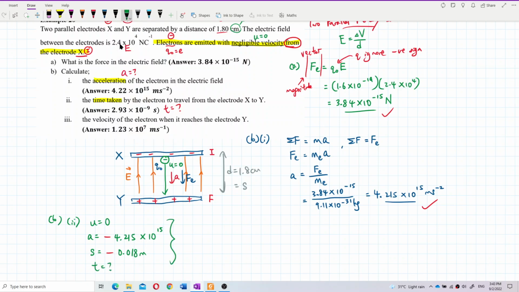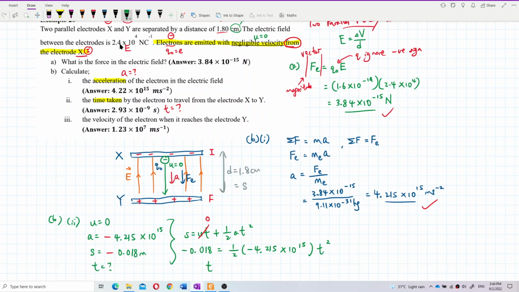I use the kinematic formula, S equal to ut plus half at square. The direction is downward, so negative. U is 0, the initial velocity is 0. Acceleration is negative 4.215 exponent 15, and then time square.